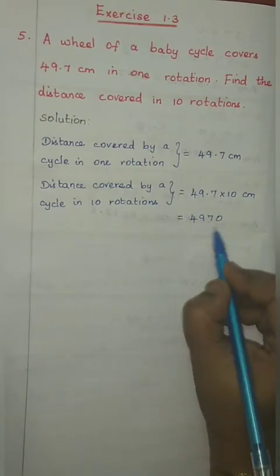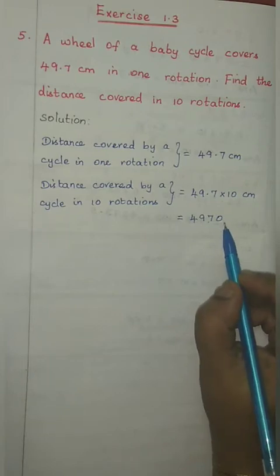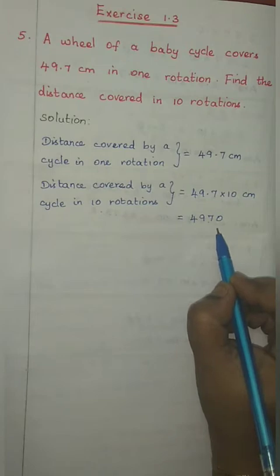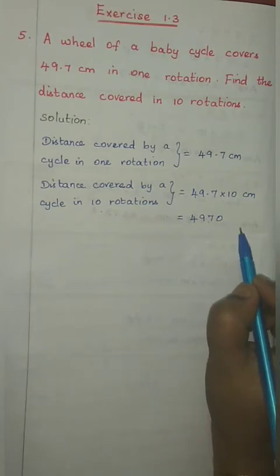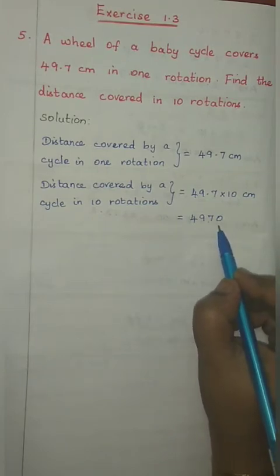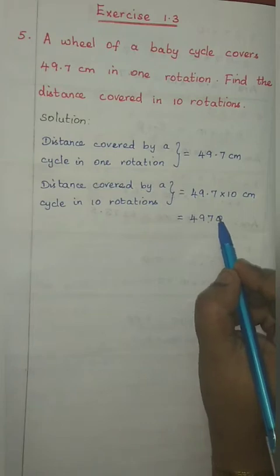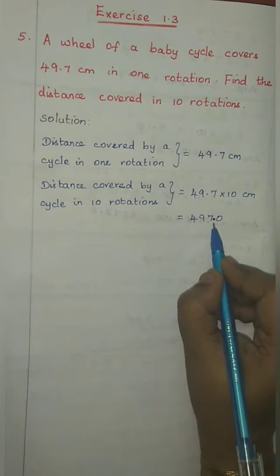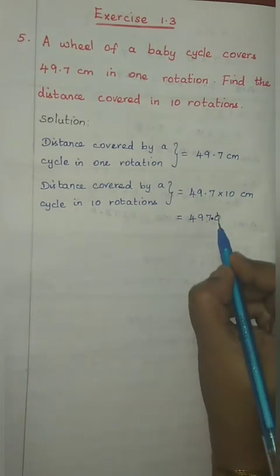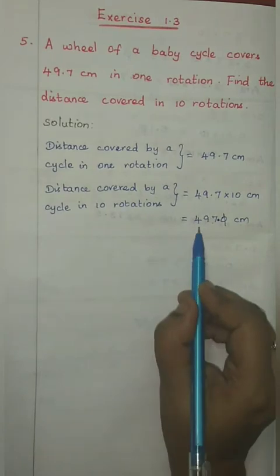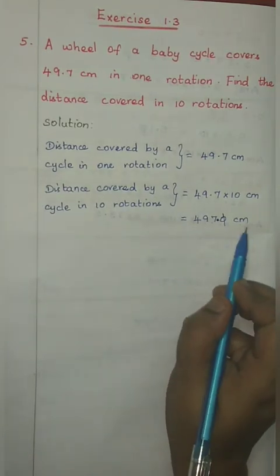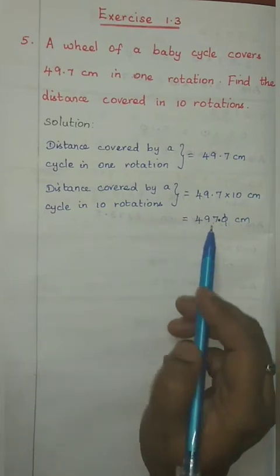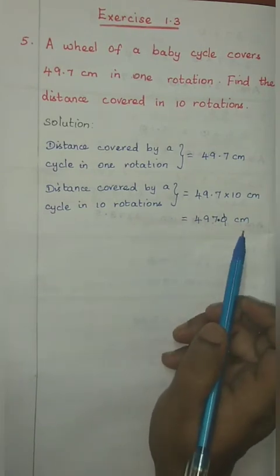So in the product also we must have one decimal place, that is, after the decimal point we must have one digit. So from extreme right, leave one digit and keep the decimal point. So leave the 0 and keep the decimal point. Since only 0 comes after the decimal point, it has no value. So the answer is 497 centimeter. So the distance covered by a cycle in 10 rotations is equal to 497 centimeter.